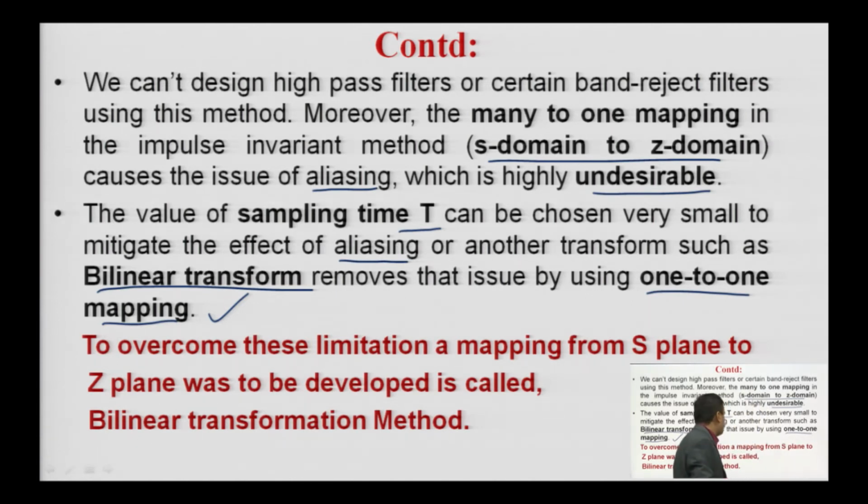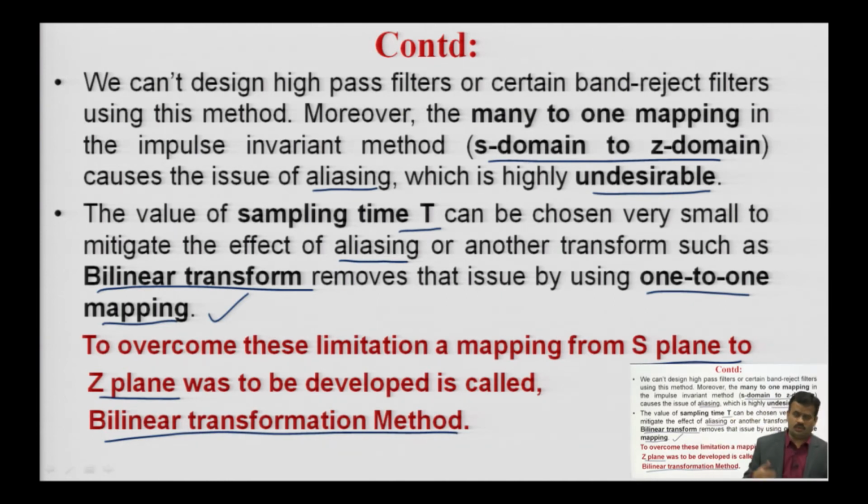So, to overcome these limitations, a mapping from the S plane to the Z plane was developed, called the bilinear transformation method. These are the limitations that I told you in this PPT regarding the impulse invariant method. Okay. So, to overcome these limitations, we come to the bilinear transformation method.